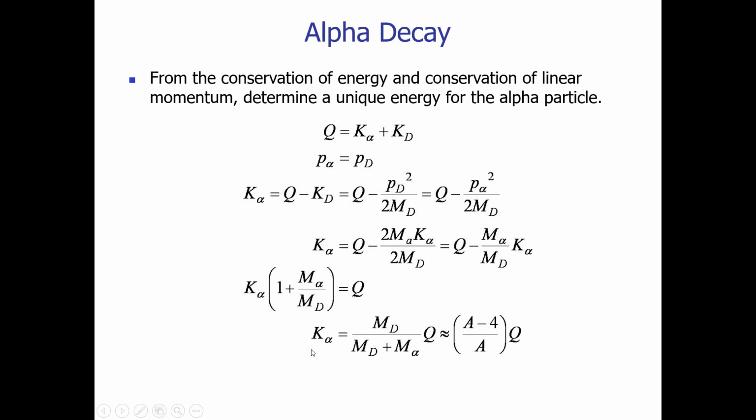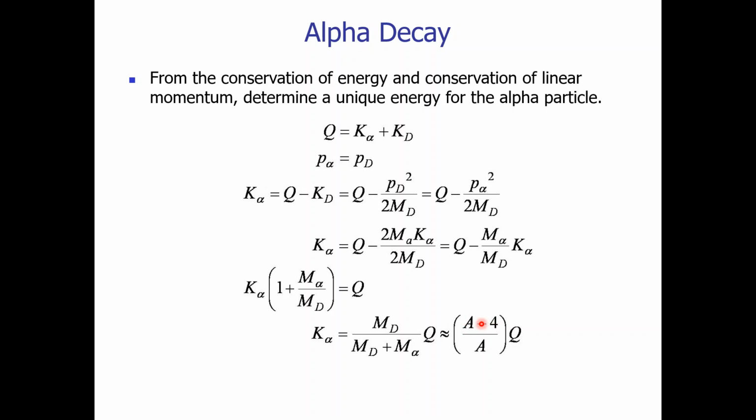Further simplifying to get the value of K alpha, we get K alpha is equal to the mass of the daughter nucleus divided by the mass of the daughter nucleus plus the alpha particle, the whole multiplied by Q. You know that the mass of the daughter nucleus is 4 less than the mass of the parent nucleus, so we can write A minus 4.